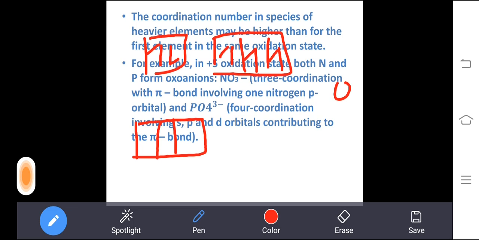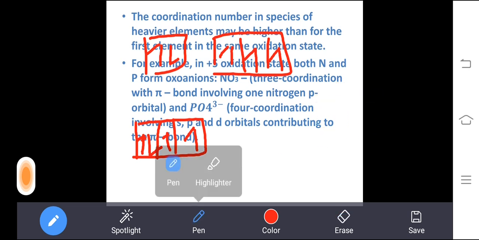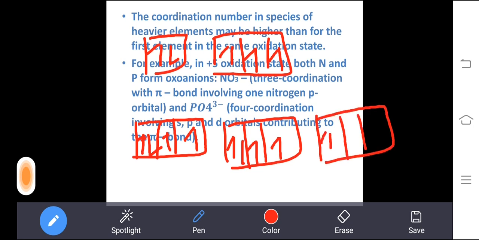The atomic number for oxygen is 8, so 1s2 2s2 2p4. So 3 oxygens, each with 4 electrons in 2p, and again one more oxygen with 4.